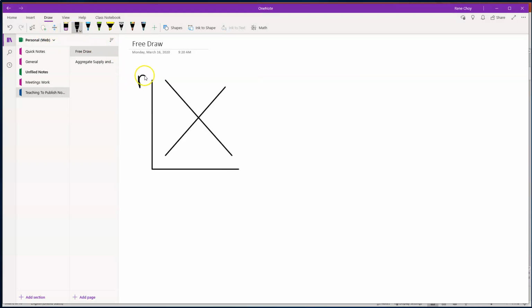So on this side we have our price level. On this side we have our real GDP. On this side we have our short run aggregate supply. And on this side we have our aggregate demand.